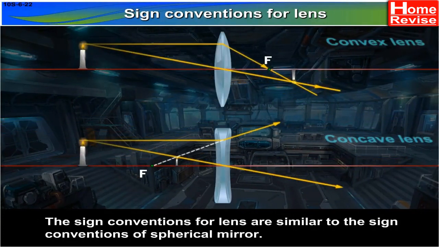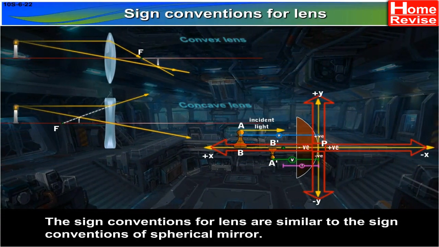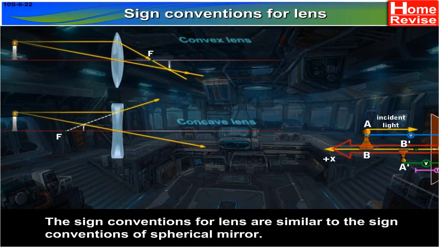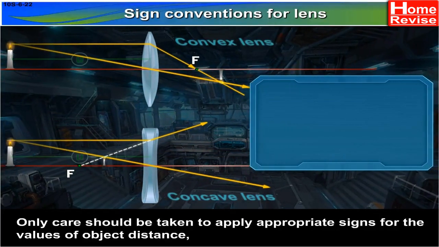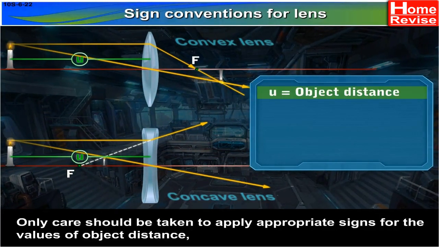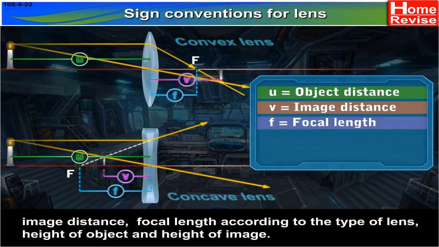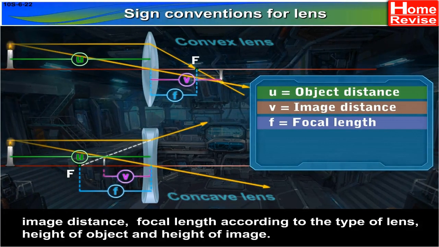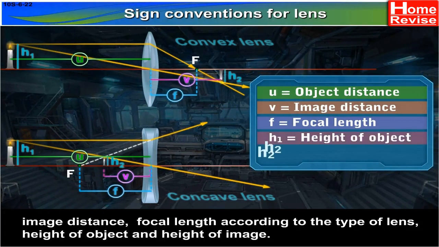The sign conventions for lens are similar to the sign conventions of spherical mirror. Only care should be taken to apply appropriate signs for the values of object distance, image distance, focal length, according to the type of lens, height of object, and height of image.